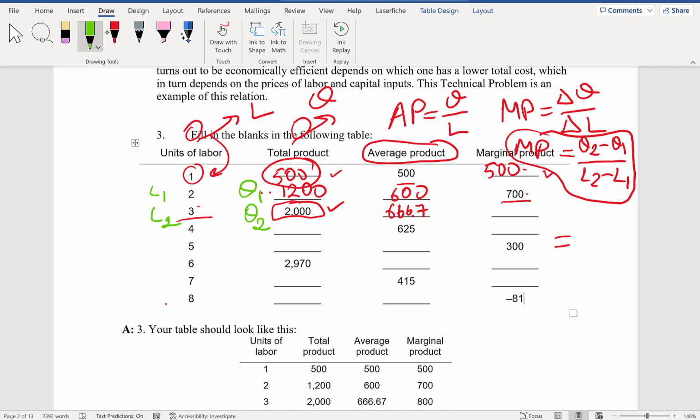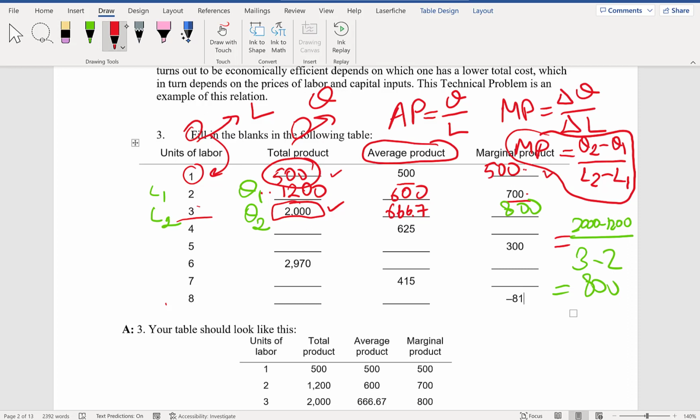So Q2 minus Q1, 2000 minus 1200, divided by labor, 3 minus 2, which is 1. 800 is the marginal product here. So in English, the third worker contributes 800 units.